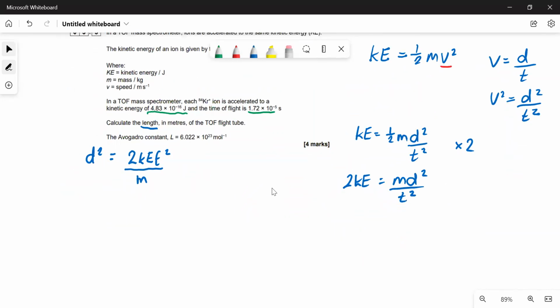Okay, so m, the mass of one ion, is going to be equal to the mass of 1 mole divided by the Avogadro number.